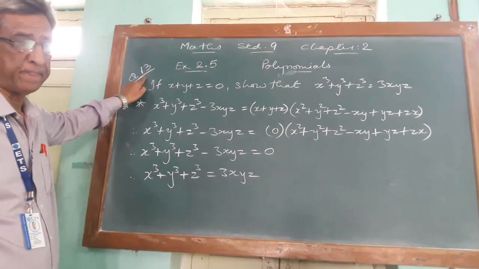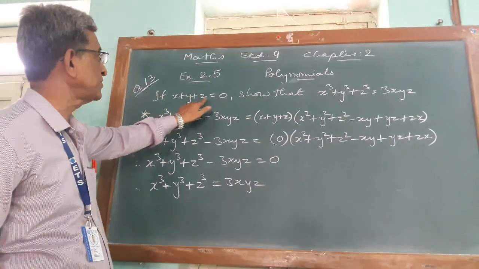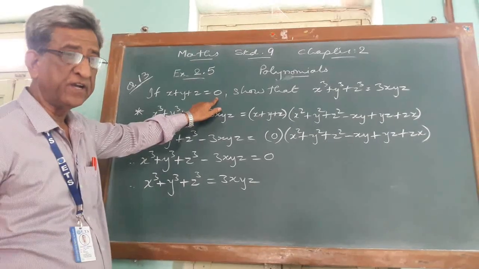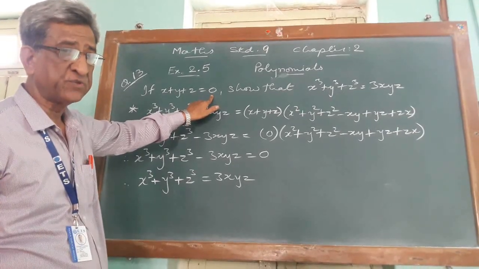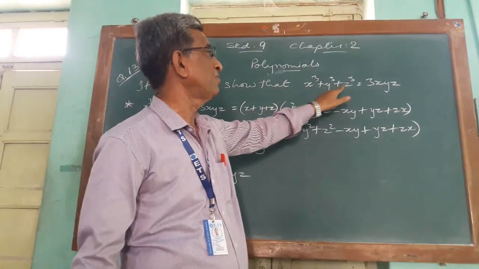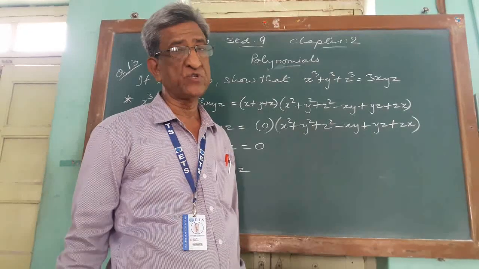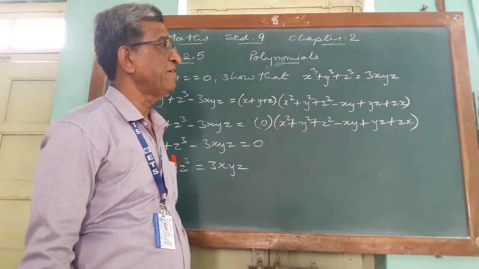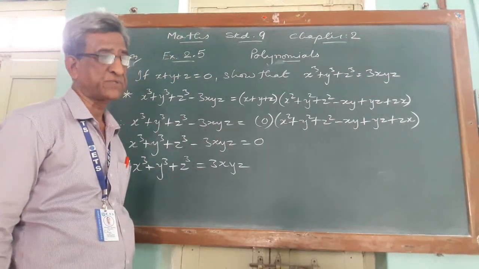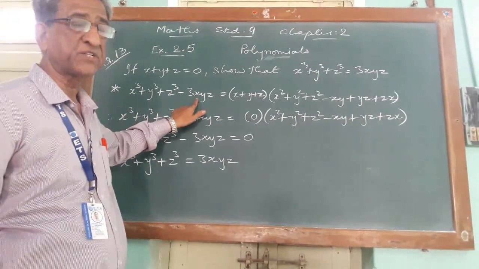Question 13. If x plus y plus z equals 0, you have to show that x cube plus y cube plus z cube is equal to 3xyz. This we have to show. Now we have used this formula in the last two sums. x cube plus y cube plus z cube minus 3xyz.